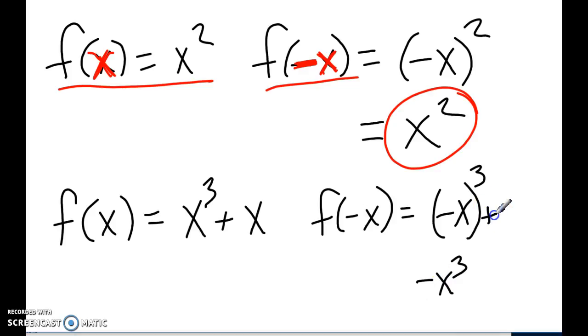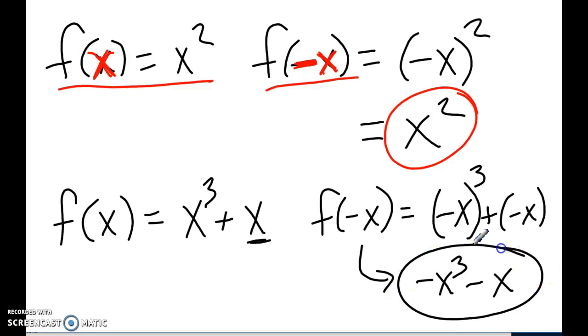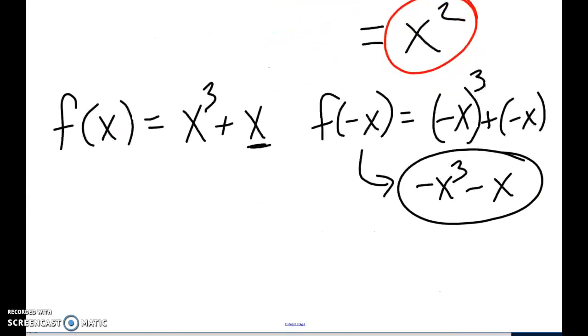And if you replace positive x over here with the opposite of x, well, you're going to have the opposite of what you started with. So in this case, we can say f of negative x becomes negative x cubed minus x, just because those signs are going to change. Let's look at another one. Hopefully it's becoming a little clearer, but we'll do a few more examples and make sure you've totally got it.